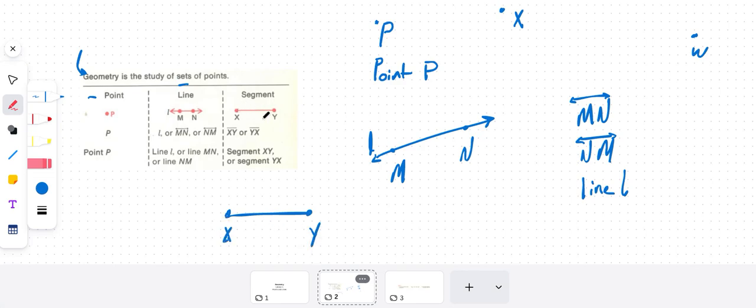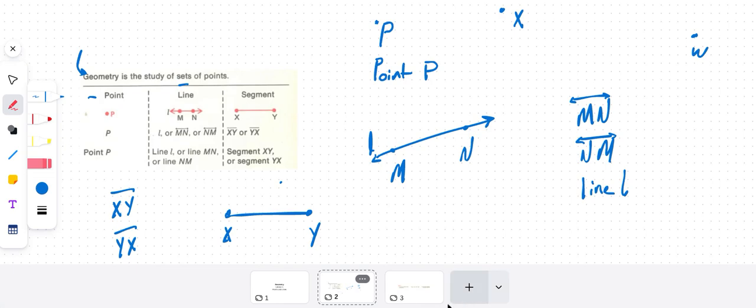Now, segment XY is all the points from X to Y, all the ones between them, including the X and the Y. We would label that as XY or YX. Notice no lowercase letter. If you have a lowercase letter, that's only for the line itself. What you would say would be segment XY, segment YX.